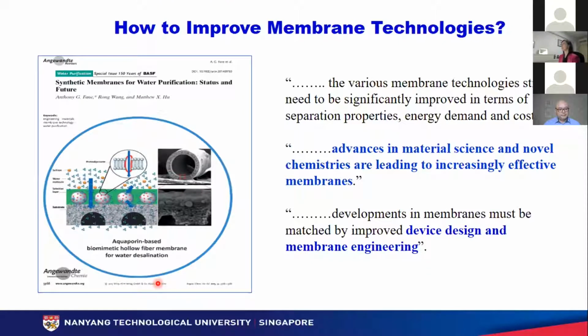How do we improve the membrane technologies? We know there are 2 aspects. One is about the system design, that's a membrane engineering issue. Another key issue is the membrane unit itself. How can we improve the membrane performance in terms of water permeability, if we can retain the same selectivity, so that they can reject the pollutants and the salts?